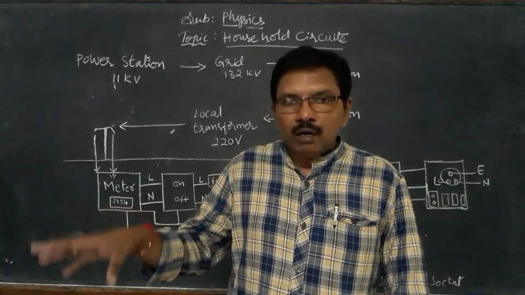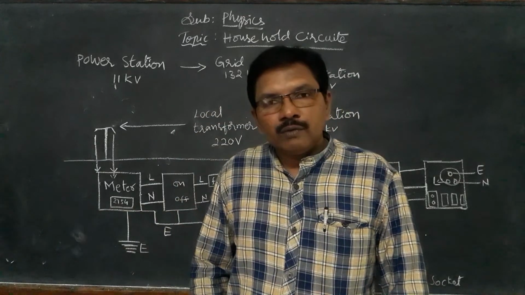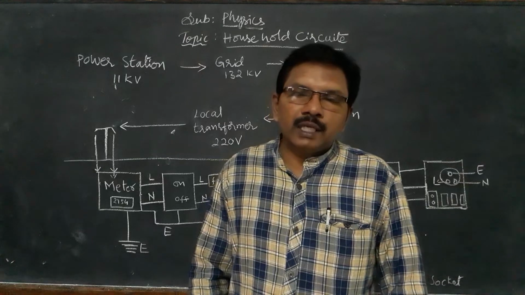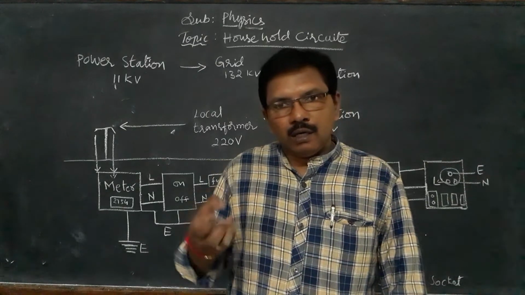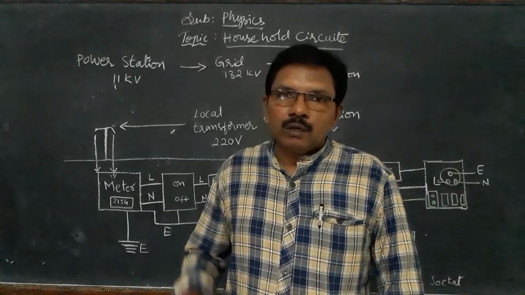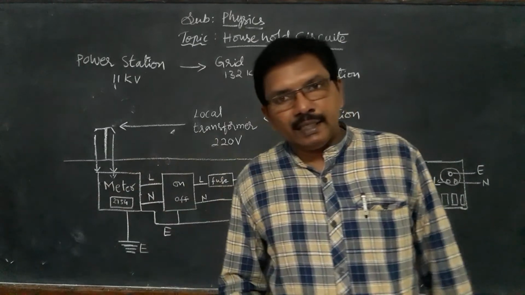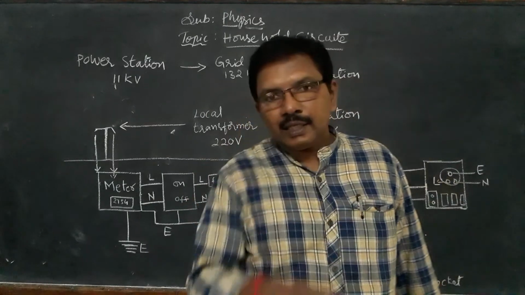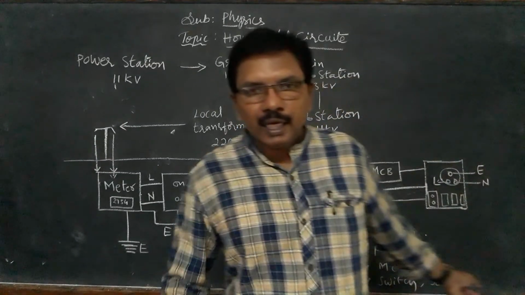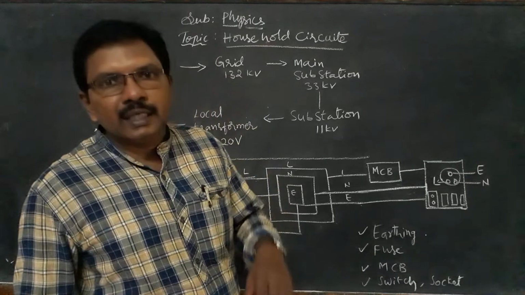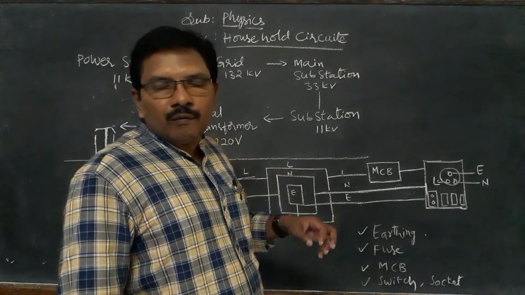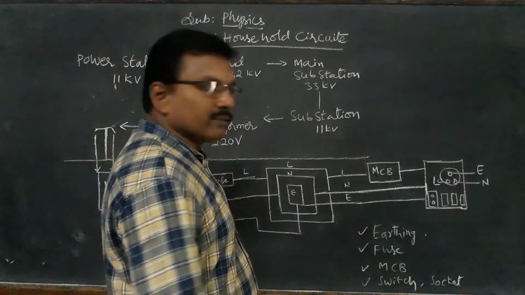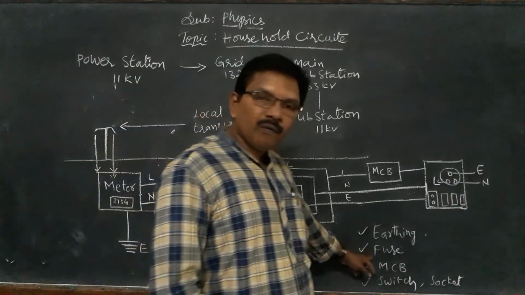But if everything is on at a time, it needs more voltage, so it draws excess current. Because of that, the total circuit gets heated and continuously burns. To avoid that, the fuse helps us. In such cases, the fuse melts at low temperature and cuts off the current at the beginning itself. That is the use of the fuse.